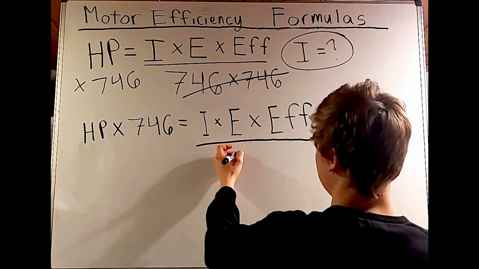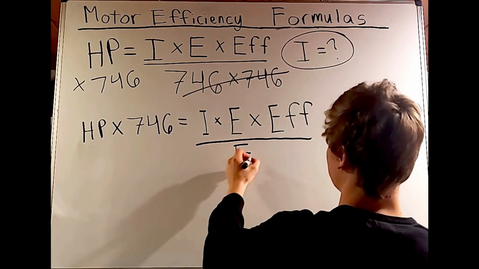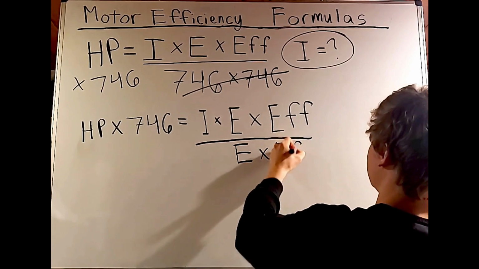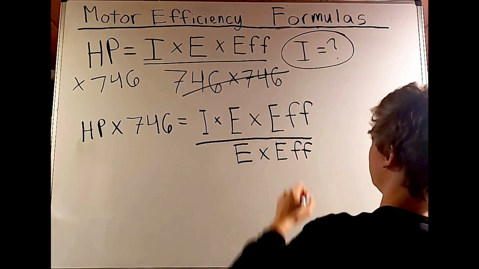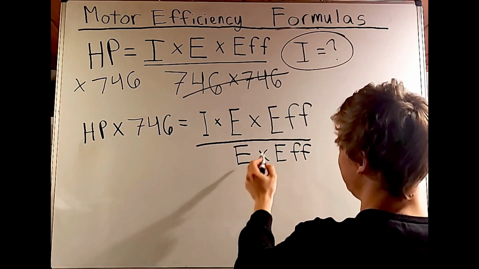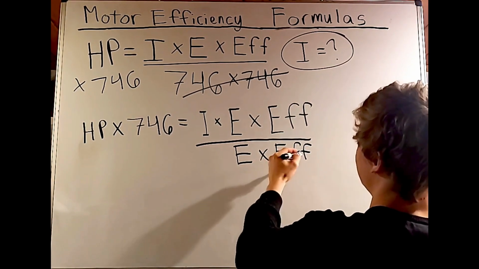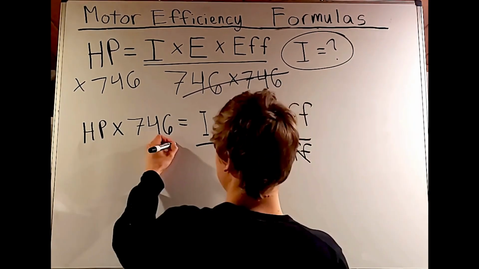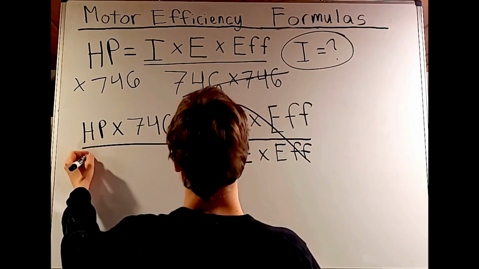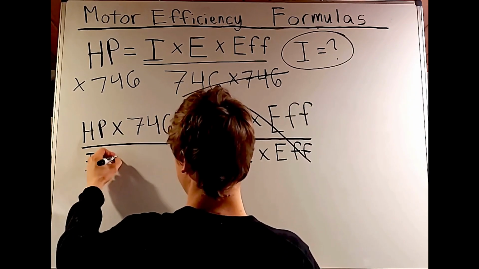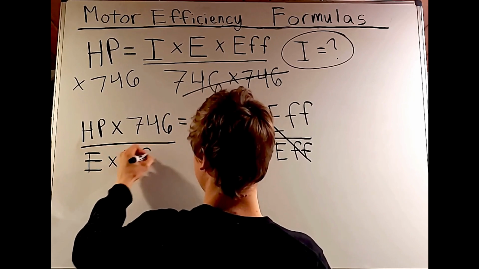So let's say we want to isolate the I. To do that, if we get rid of the E and the EFF, then the I will be isolated. Those are all being multiplied together, so we're going to divide by E times EFF. That will cancel out the E times EFF on this side, and now we do the same thing on the other side, divided by E times EFF.